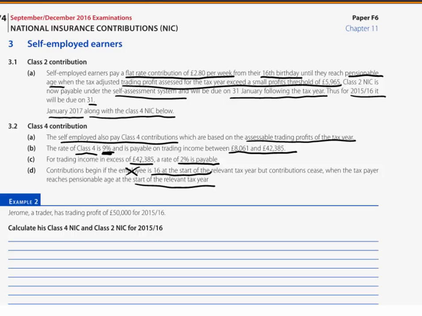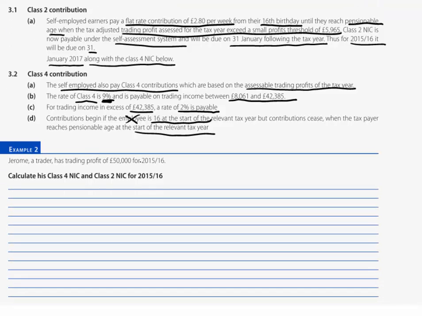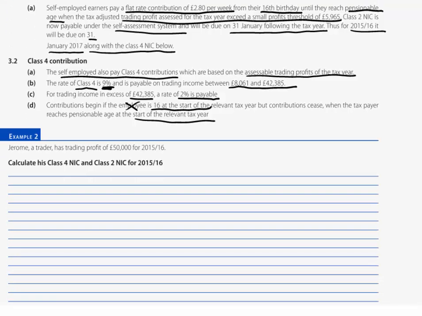Example 2 to finish this off therefore. Jerome, a sole trader, has trading profits this time of £50,000 for the 15-16 tax year. Now we know that when it comes to Class 2 NICs, that will be 52 weeks at, well, you go and copy down what that rate is from your tables.